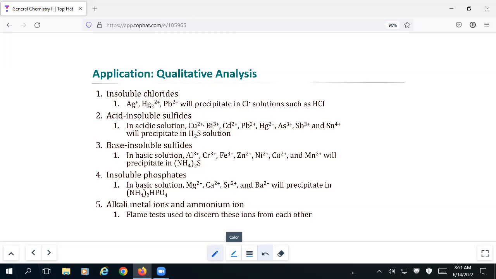The next thing that you would remove are the acid-insoluble sulfides. This is the process you would use using thioacetamide and peroxide and an acidic solution. You get copper, bismuth, cadmium, lead 2, mercury 2, arsenic, antimony, and tin.